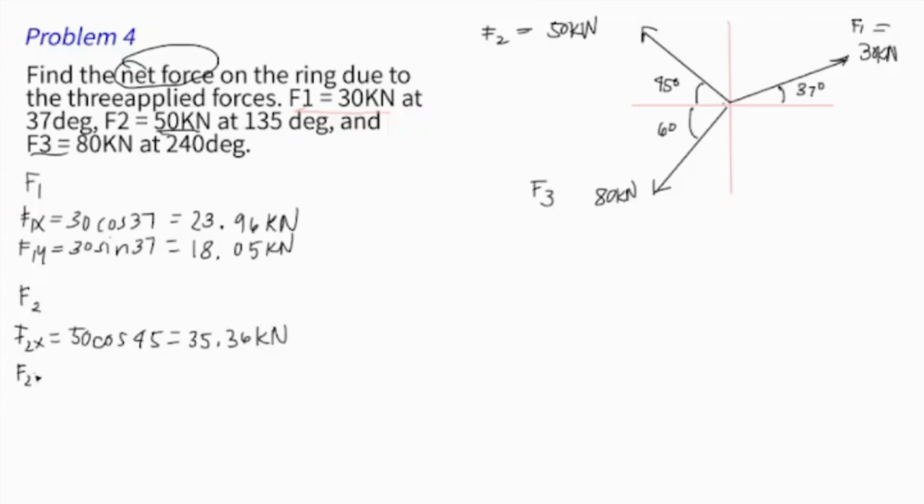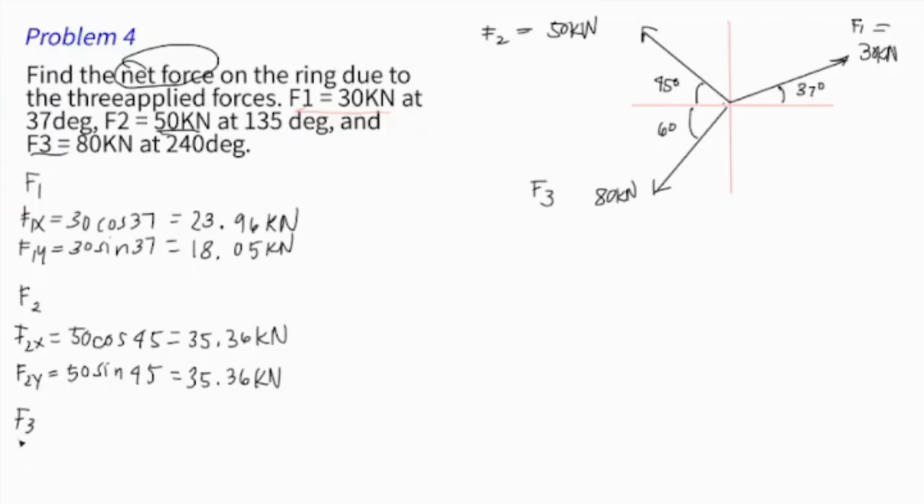And F2y naman will be 50 sine 45. So, 50 sine 45 will be parehas lang, 35.36 kilonewtons. So, next naman natin is hanapin natin yung F3, X, and Y components.